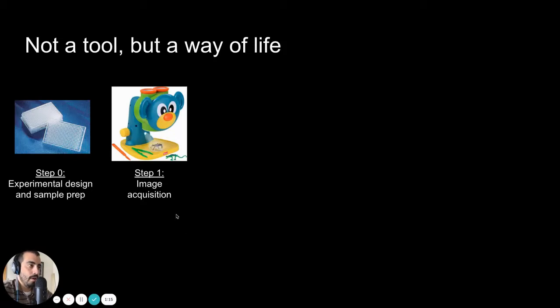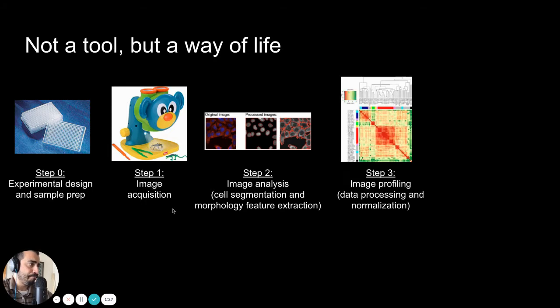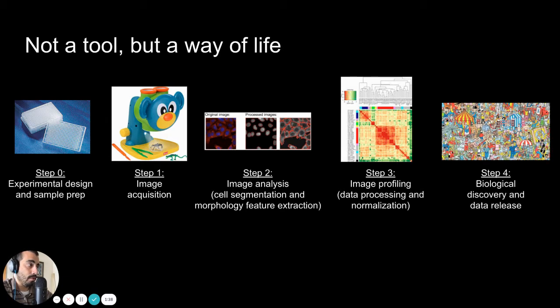So you'll acquire the images themselves and then perform some sort of image analysis in which you segment cells or identify the cell boundaries and measure morphology features in each of the single cells. The output of step 2 is then funneled into step 3, which is the actual image profiling pipeline that processes these readouts and normalizes the data. In step 4, we take those processed readouts and perform some sort of analysis to discover biology in the data. So we'll find our Waldo and then release the data to enable secondary analyses.